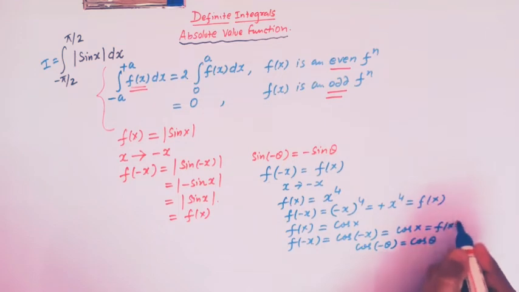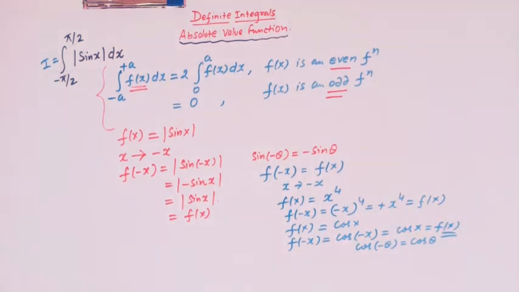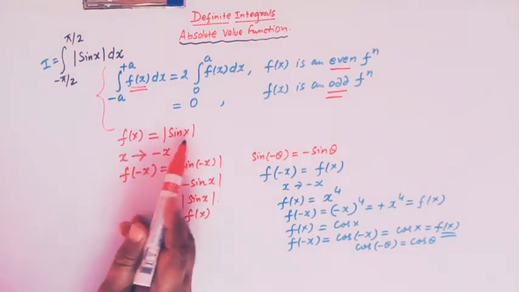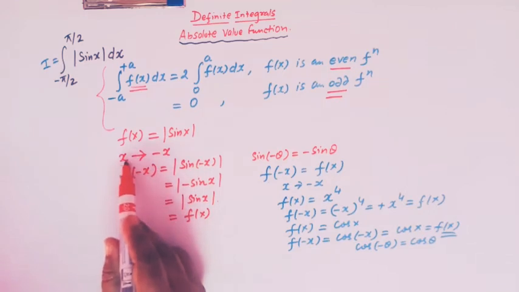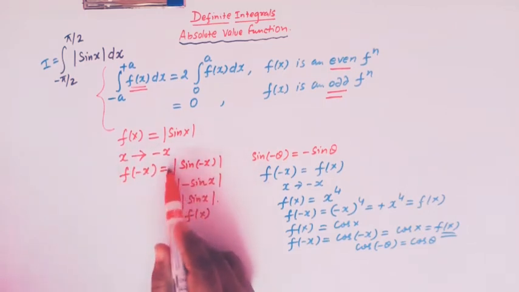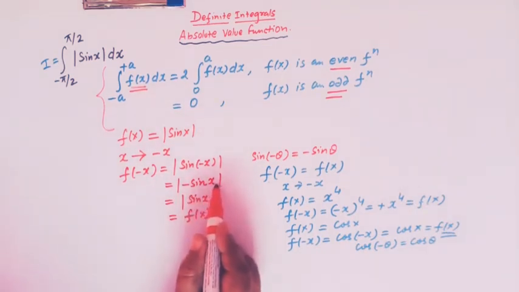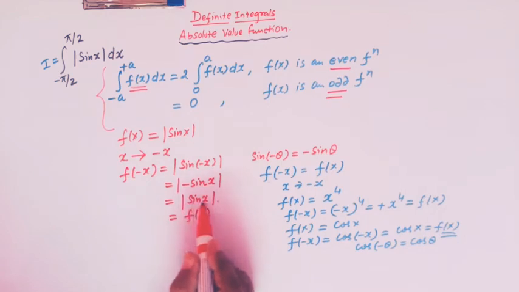So this is about the even function. Let us come to our original problem. Here we have this function, and when we replace x by minus x, we get mod of sine of minus x, which is mod of minus sine x, and that can be written as mod of sine x, which is our original function.